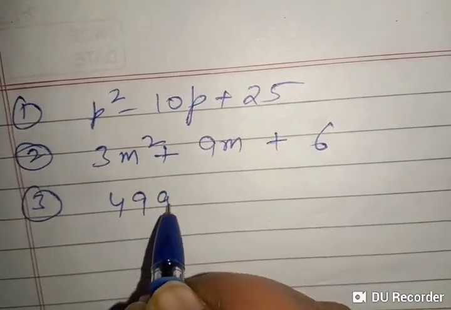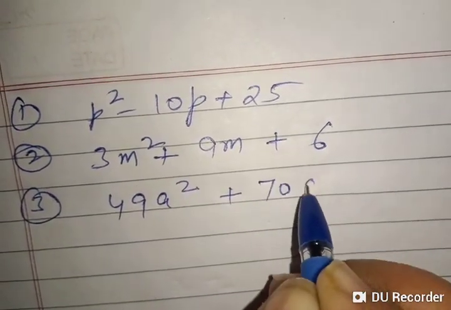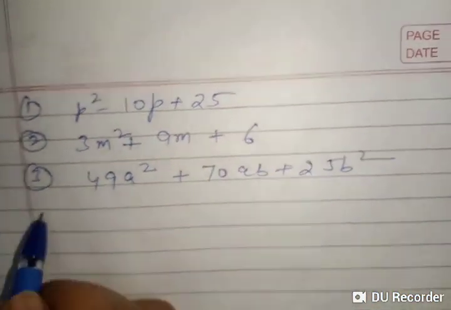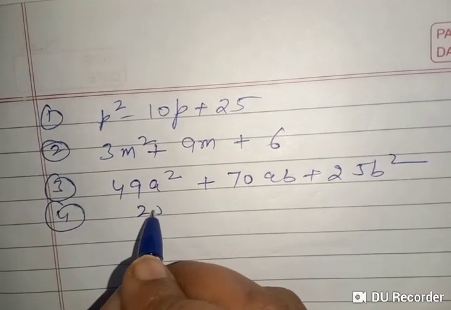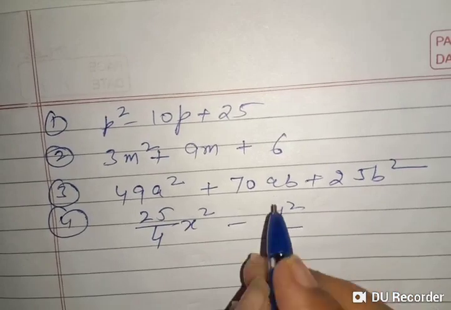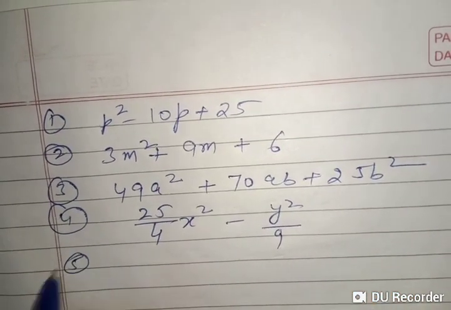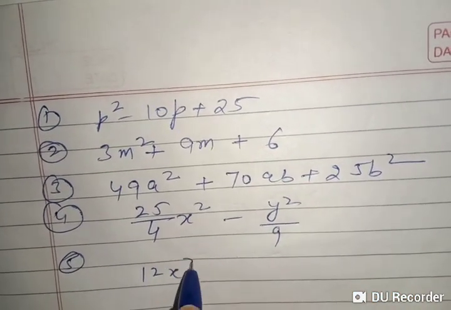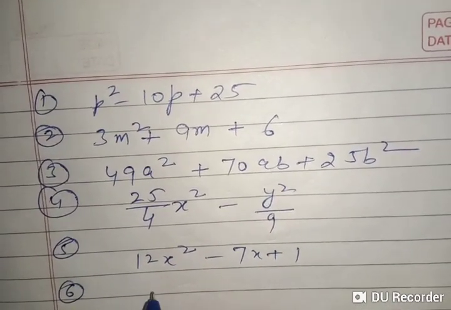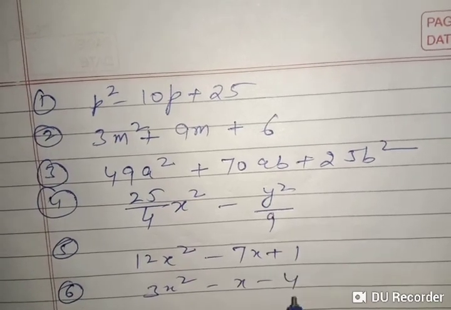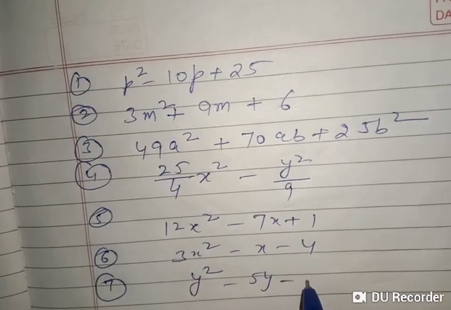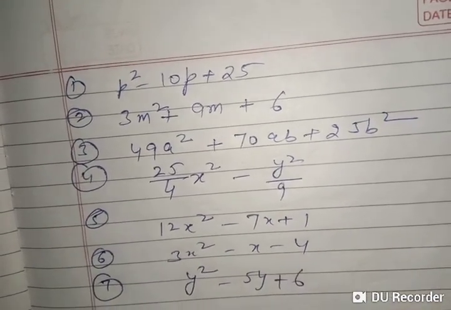So just have patience and try to understand these questions also, because when you get all the questions together, it will be very difficult for you to understand which question, which identity, and what should be the approach to solve this particular question. That I am telling you. So have patience and see all the questions, all the solutions. It will help you. So I have framed 7 questions for you. One by one I will discuss with you all.